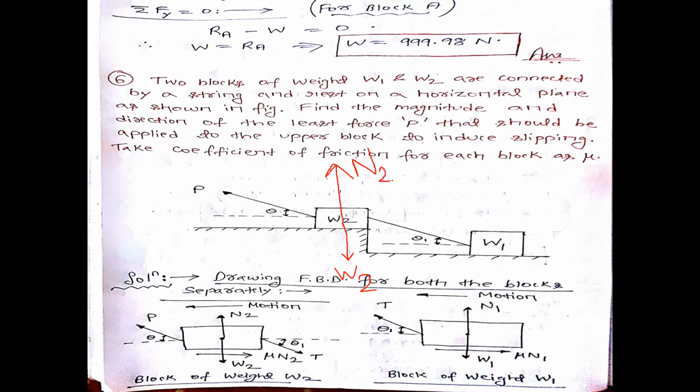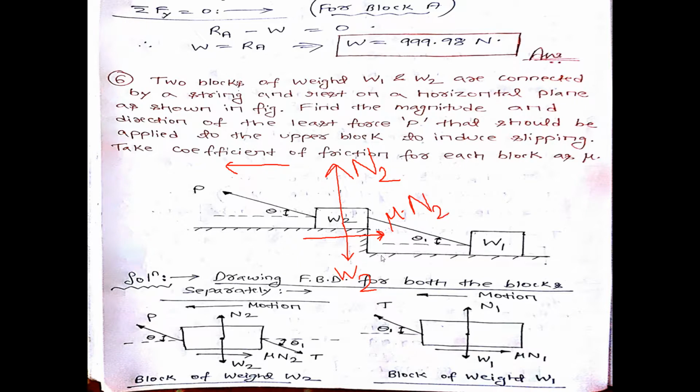Due to the application of force P, the entire system will move in the negative x direction, so between the horizontal surface and block W2, frictional force will act opposite to the direction of motion. This frictional force is mu times the normal reaction, that is mu N2, for the second block.